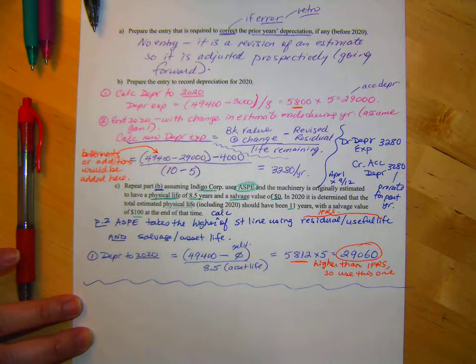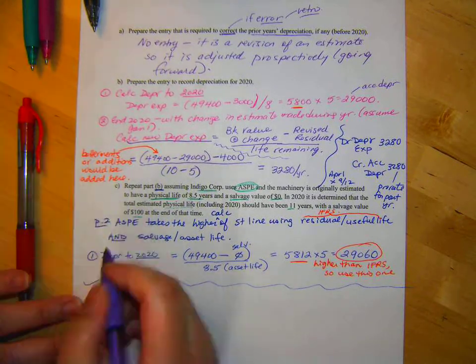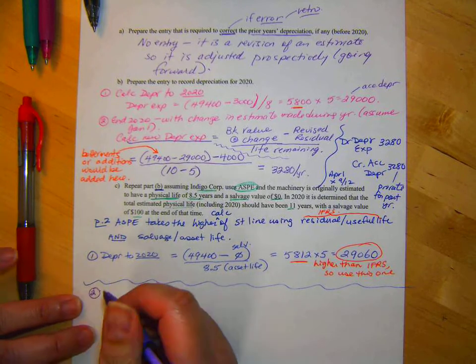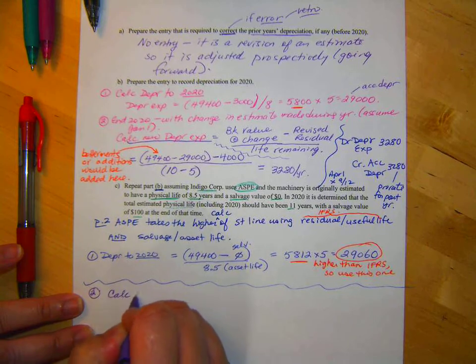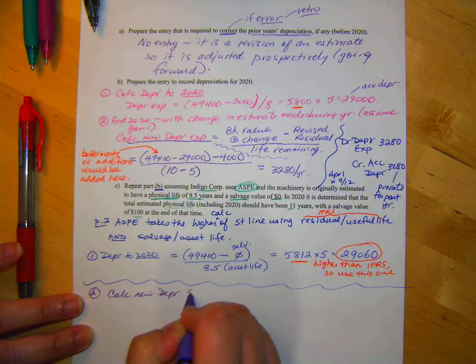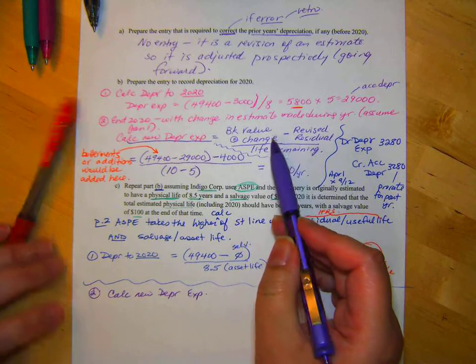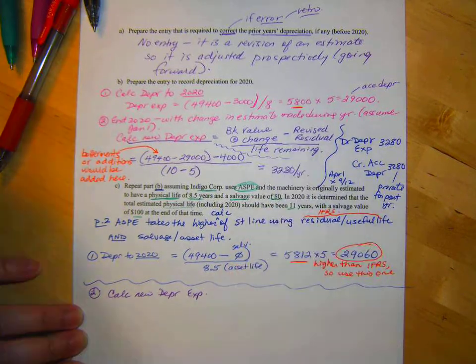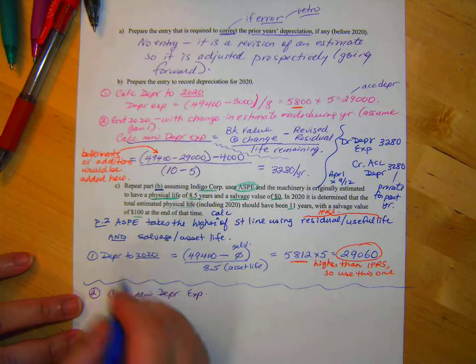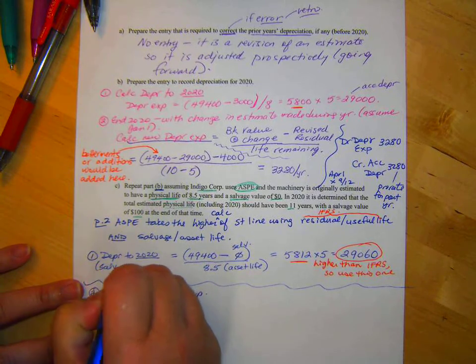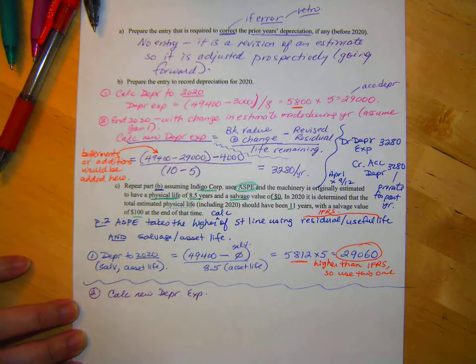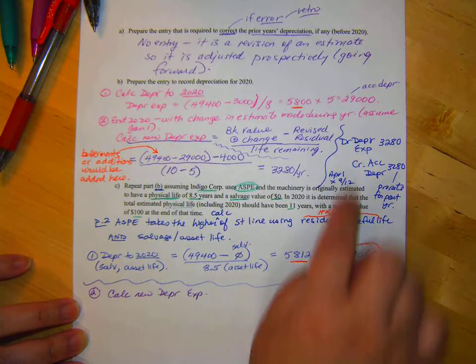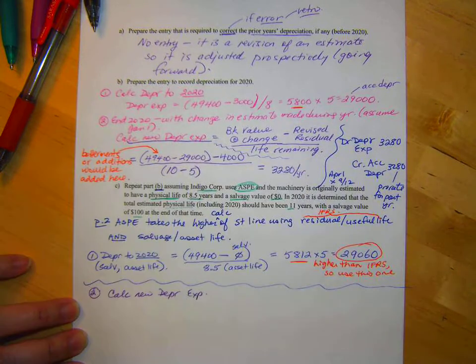The second step. Calculate new depreciation expense. And again, it's the same formula. So let's just make this clear. This was salvage and asset life. Now, because we have different numbers than here, we can't use anything up here anymore. We could just use this for the first one.